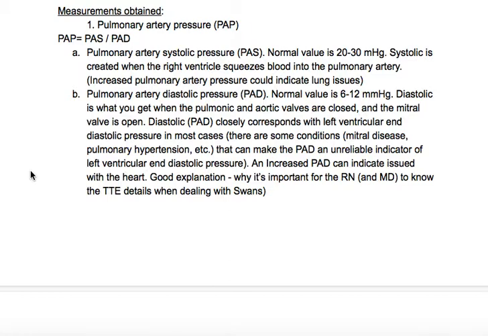Like I said, we're not CCU nurses, but it's important for us to know what that baseline echo or TEE, transesophageal echocardiogram, looks like, because if that patient has cardiac abnormalities at baseline, it could skew our numbers. Our pulmonary artery diastolic pressure could be off because of those other abnormalities.